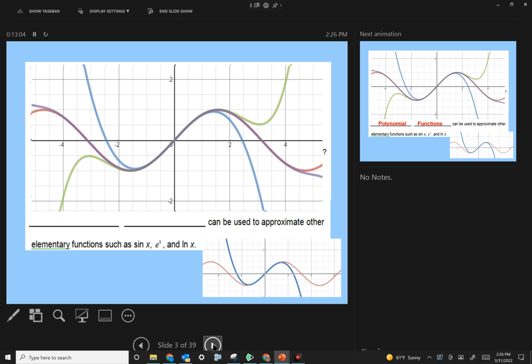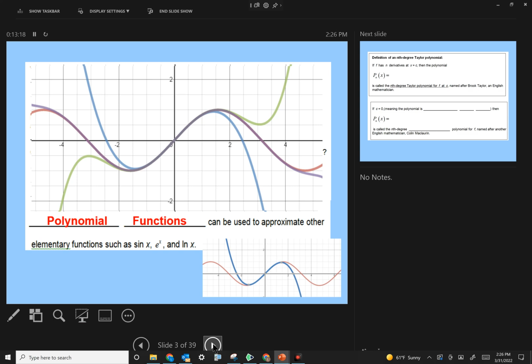Could I have a polynomial to the nth degree that would actually match the sine curve exactly? That's where we're going. Okay? So, polynomial functions can be used to approximate other elementary functions, such as sine x, e to the x, natural log of x, and so on.